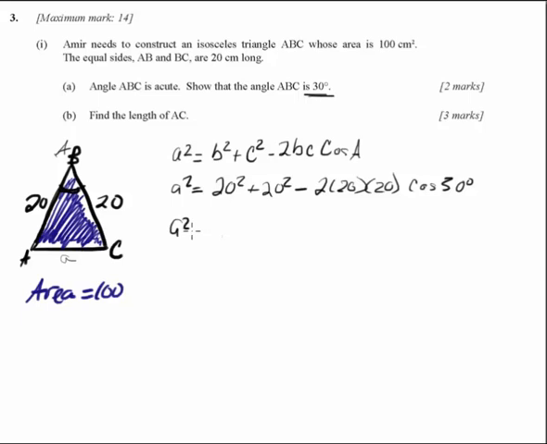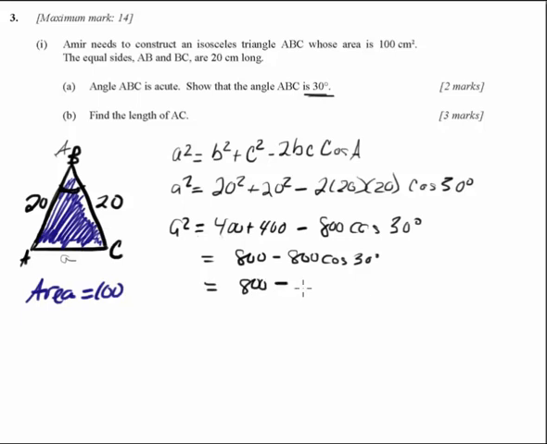So a squared equals 20 squared is 400 plus 400 minus 20 times 20, that's 400 times 2, there's 800 cosine 30 degrees, and that's 800 minus 800 cosine 30 degrees. It's not 800 minus 800, it's 800 minus 800 times cosine of that, so 800 minus 692.82 is what your calculator will tell you.